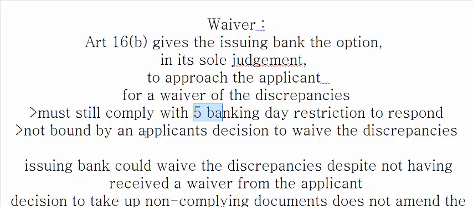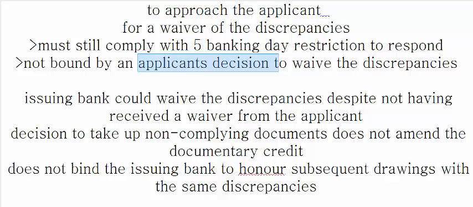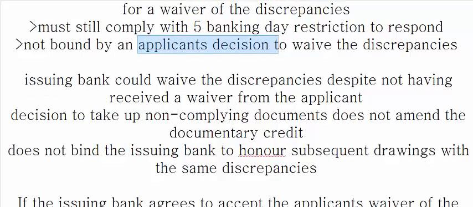And the banks are not bound by the applicant's decision to waive or not to waive. If the applicant says waive, the bank can choose not to waive. If the applicant says do not waive, the bank can choose to waive. But the risk is, if the applicant is given the list of discrepancies and says do not accept, and the issuing bank chooses to accept, then the applicant may say, because these are discrepancies, we will not be reimbursing you.